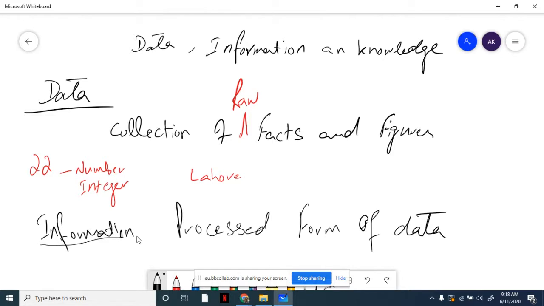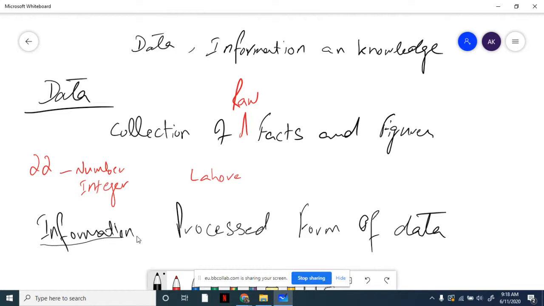So data itself is raw facts and figures which can't make any sense. Individually, they might make some sense, but we didn't get any usage. We can't get any usage of 22.